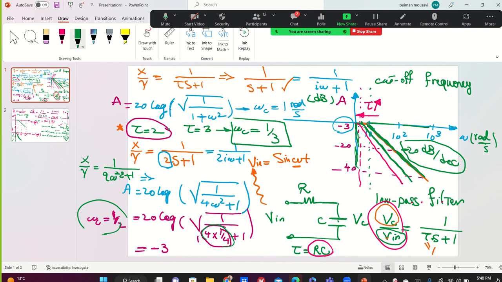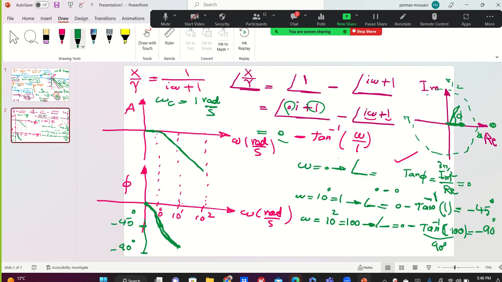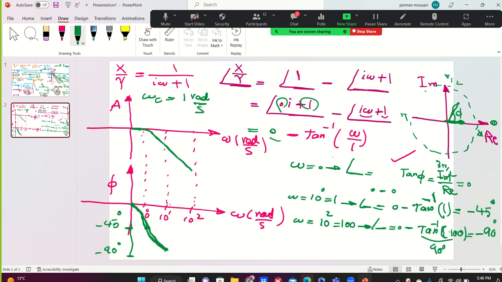Then I'm going to visualize what this low pass filter and this phase mean physically, in reality. Can I go to MATLAB? Yes? Okay.